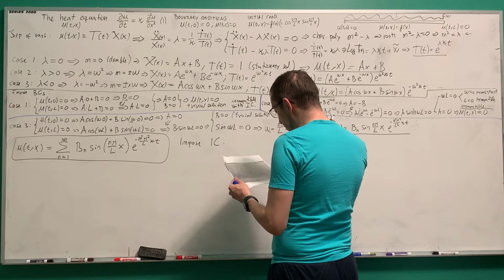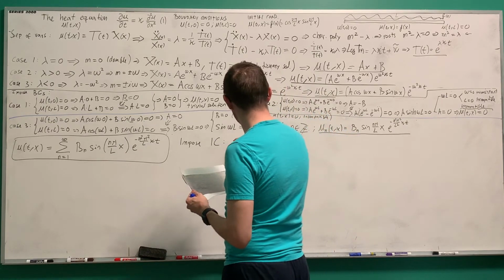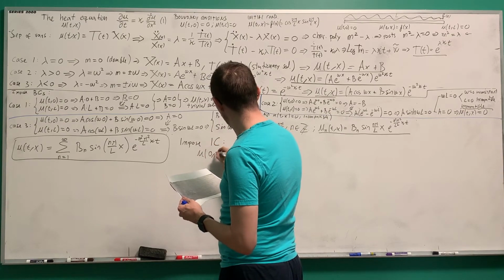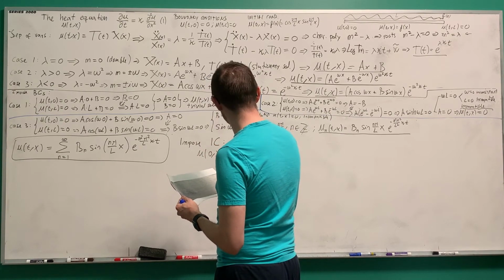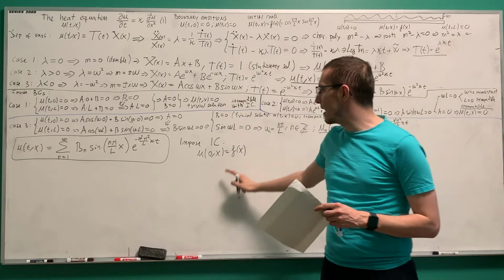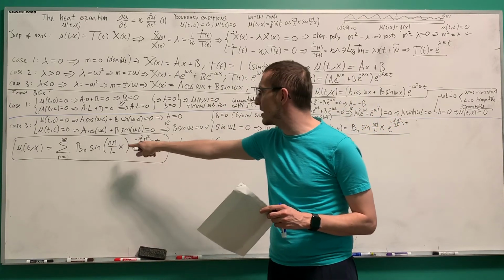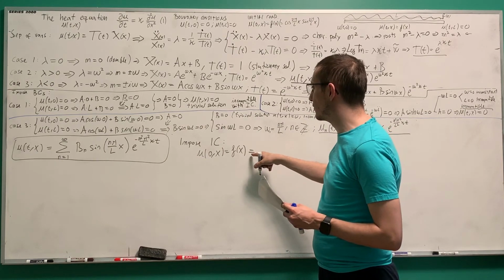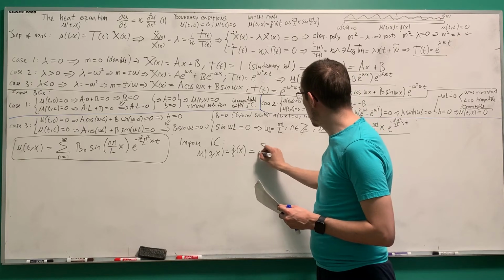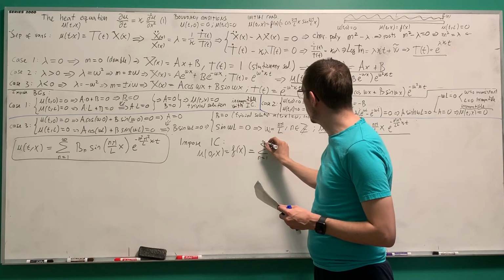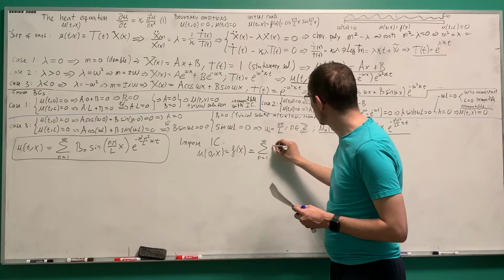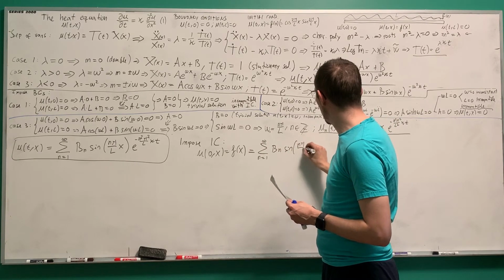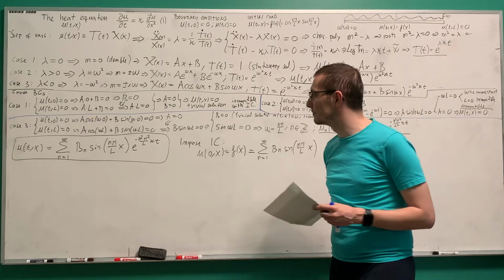Wonderful. So the initial condition tells me that u of x, 0 is equal to f of x. So I substitute here, whenever I see a t, I write a 0. So I get that f of x is equal to the sum from n equals 1 to infinity of bn sine of n pi over l times x.